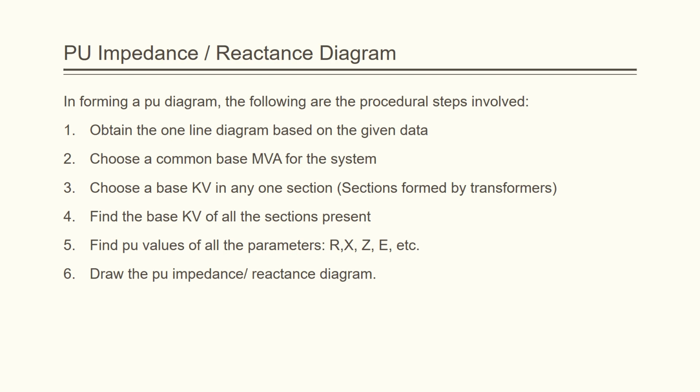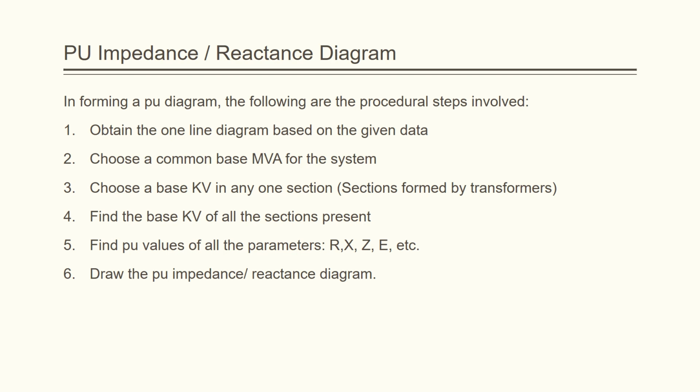Find out the base kV for each section by using the relationship: base kV on low tension side divided by base kV on high tension side is equal to the voltage rating of the low tension side divided by the voltage rating of the high tension side.